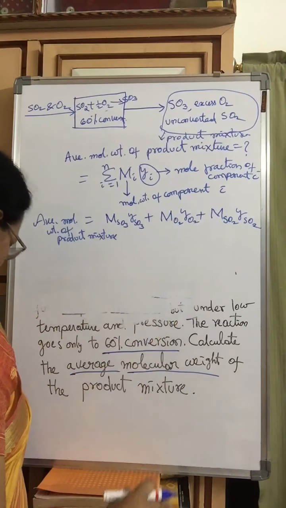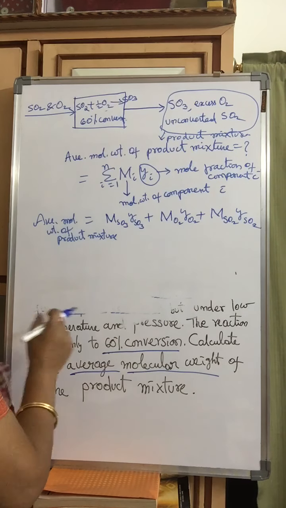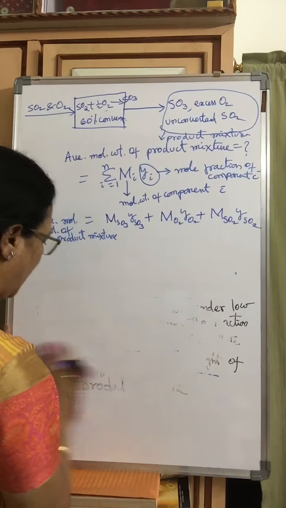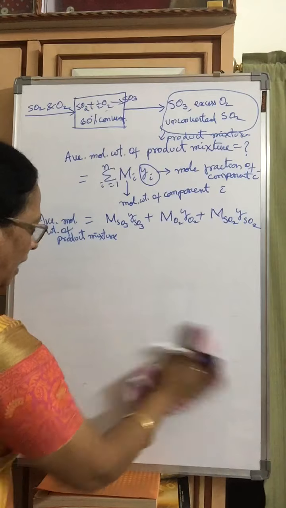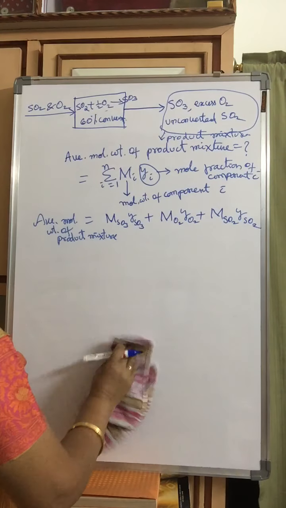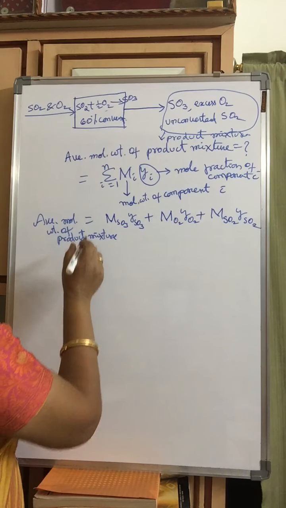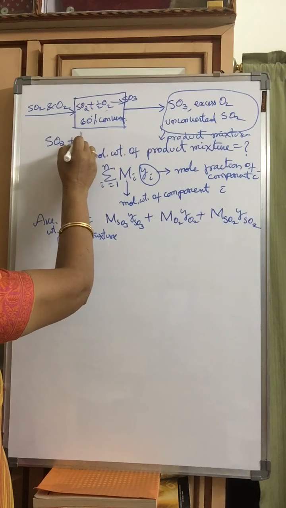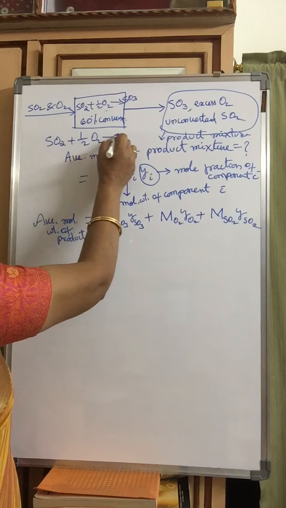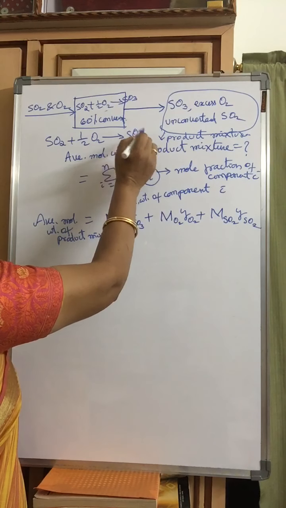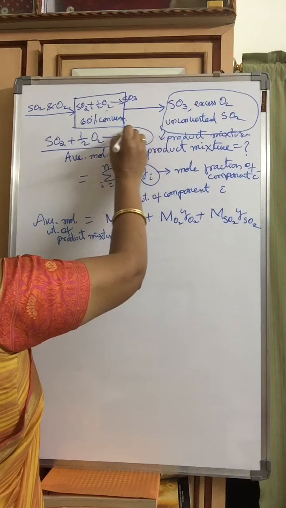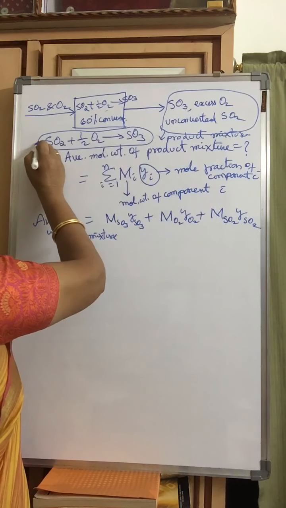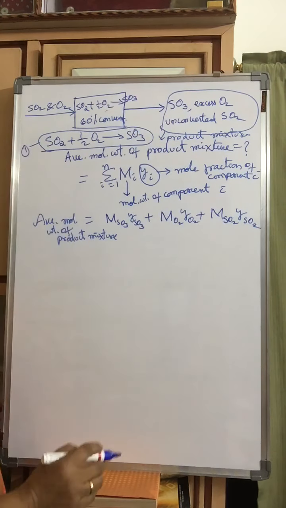Then you substitute and you will get the average molecular weight. Now we shall start with some basis. First the reaction: SO2 plus half O2 gives SO3. This is equation 1.